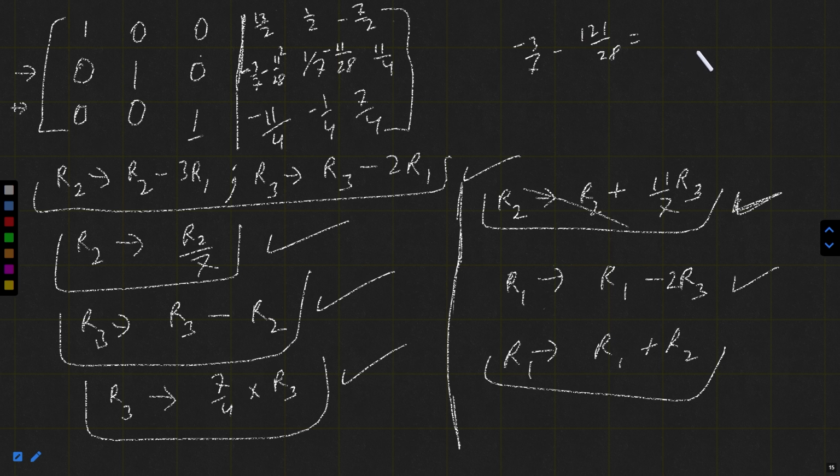So it will be minus 12 minus 121 by 28. This will be minus of 133 by 28. Yes, if I am doing correct, then it will be this thing. Now minus 3 by 7 minus 11 square will be 121 and 28 you will have this thing. So this will be minus 133. So minus 133 by 28.